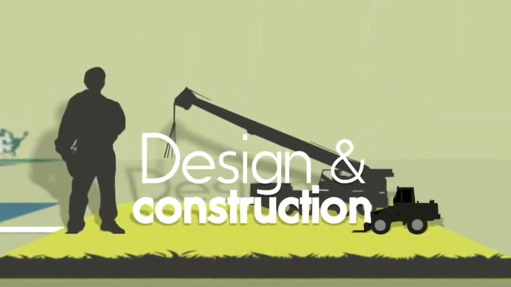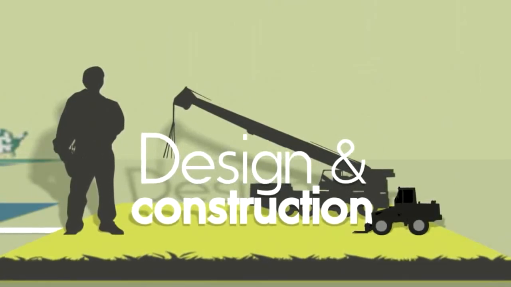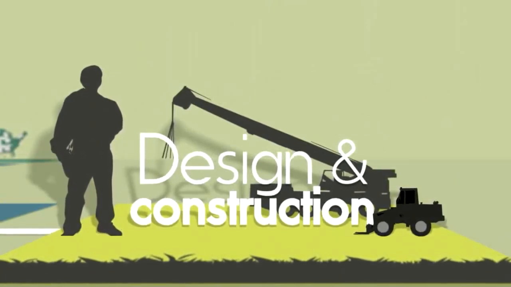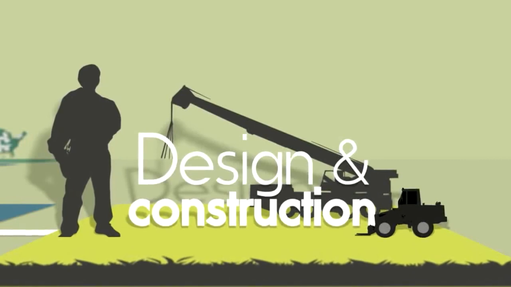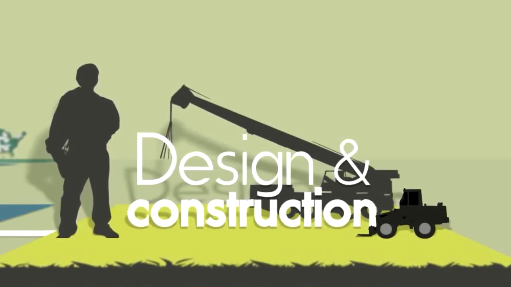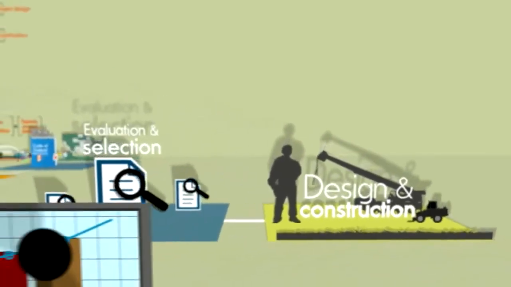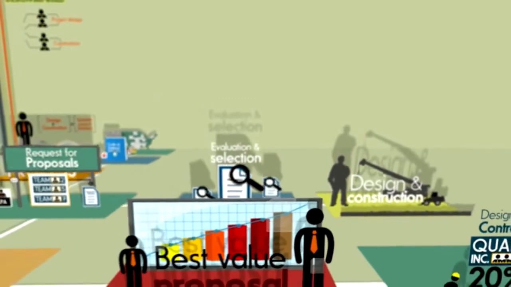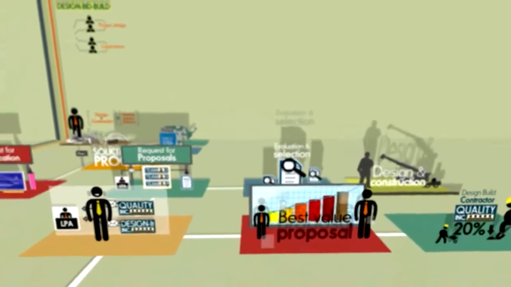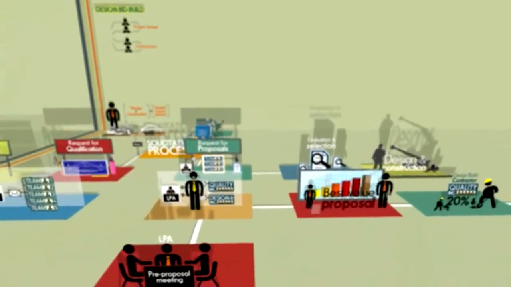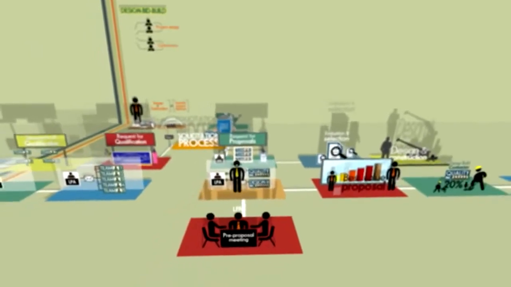When Design It accepts this reimbursement, Hometown LPA takes ownership of the conceptual designs submitted and can incorporate those ideas into the project. Quality Incorporated begins construction on the project while still developing the design. Hometown LPA provides oversight of both the construction and the design as the project progresses.